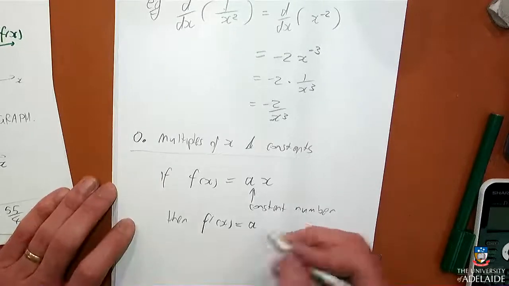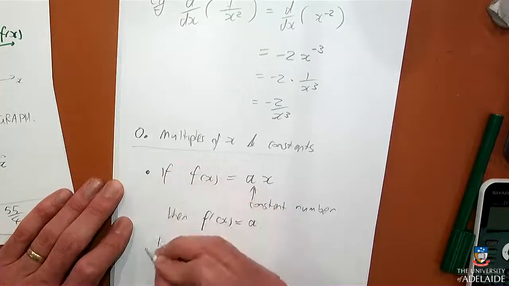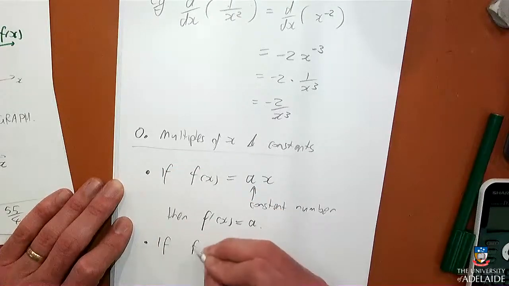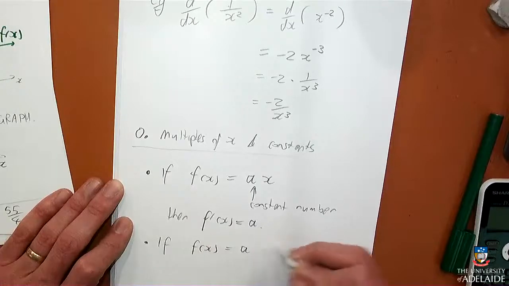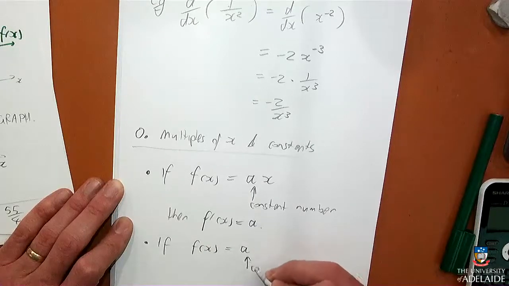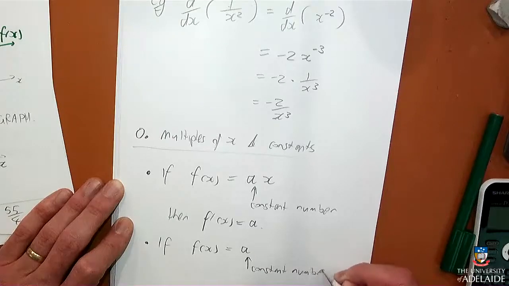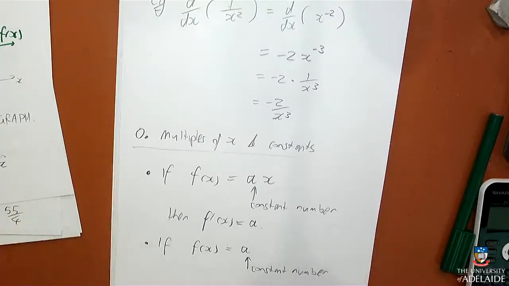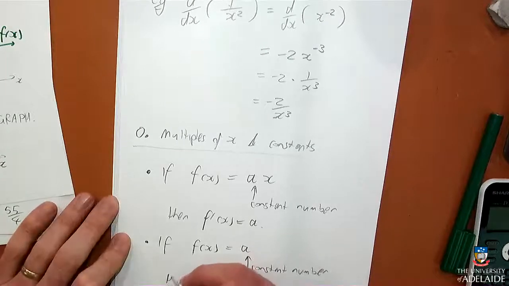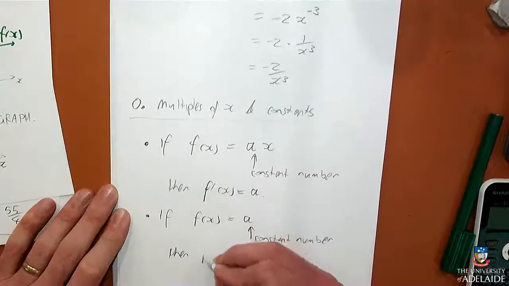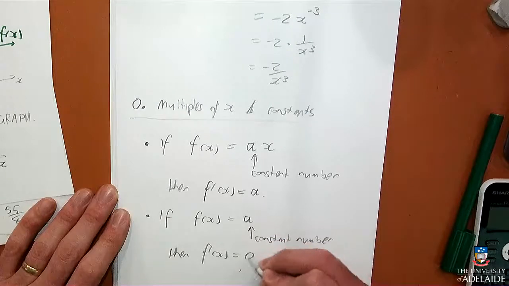And so that's the first rule, if f of x is just a constant, this arrow thing is probably not good maths notation. I should probably say where a is a constant number, then f dashed x is just 0.